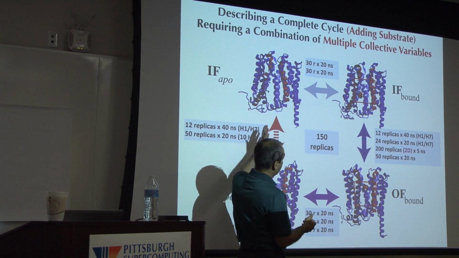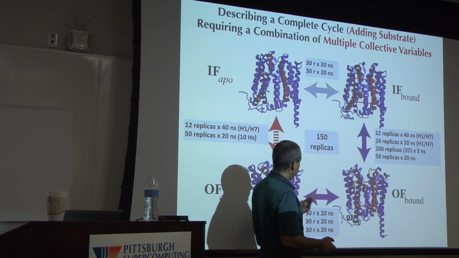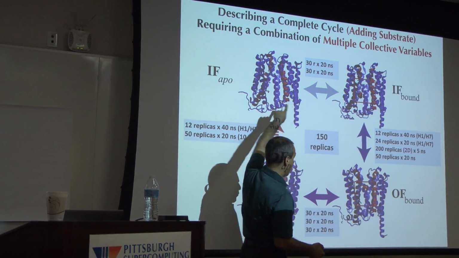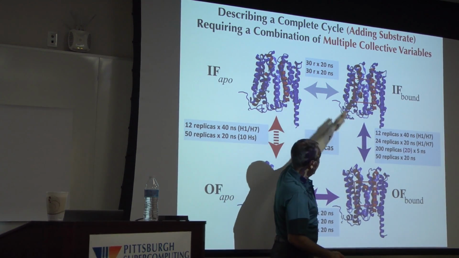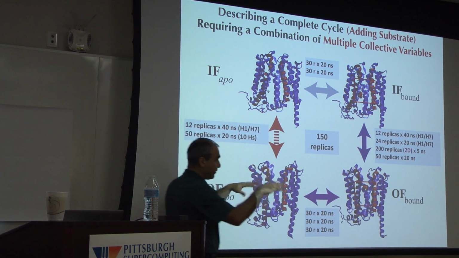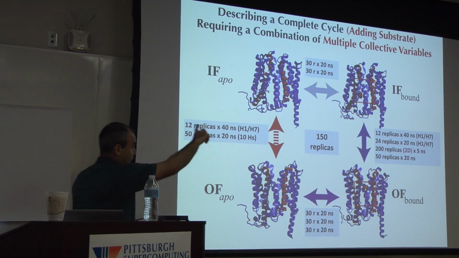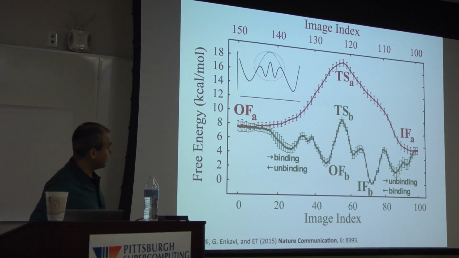And then at the end, we put representations from this leg, this leg, this leg, and this leg together into one single simulation with 150 replicas along this circular pathway to be able to calculate the free energy of the entire cycle here. So let me skip this.